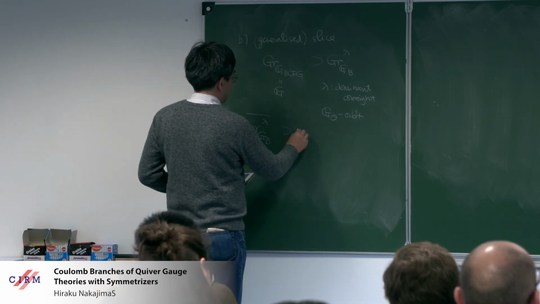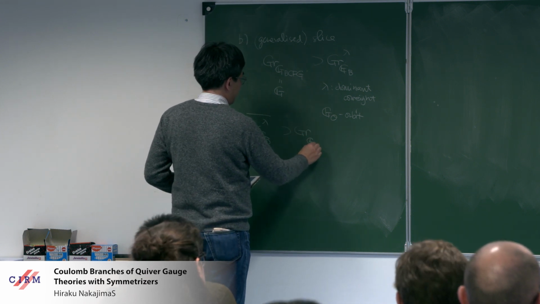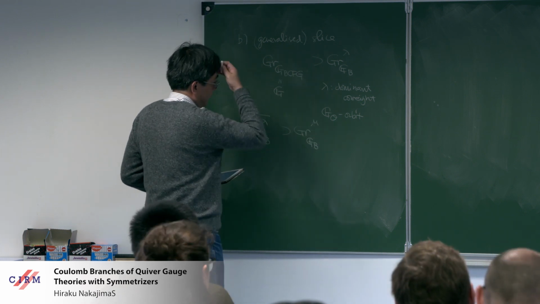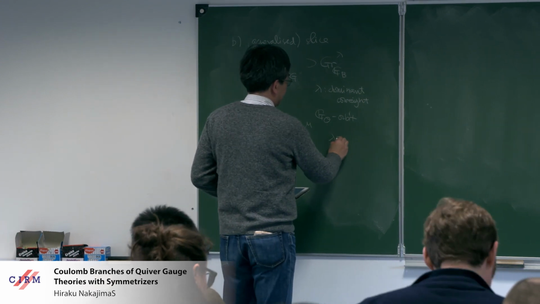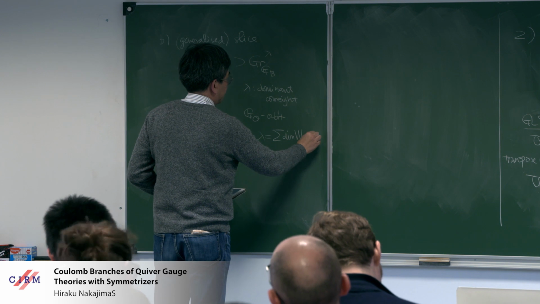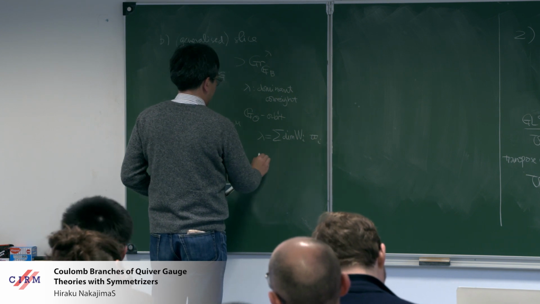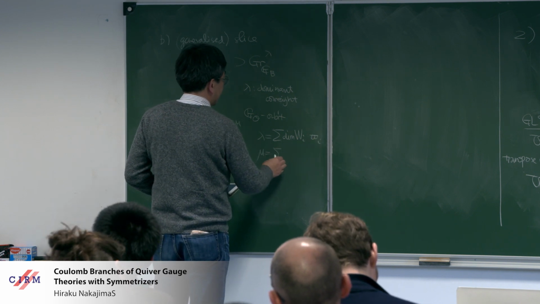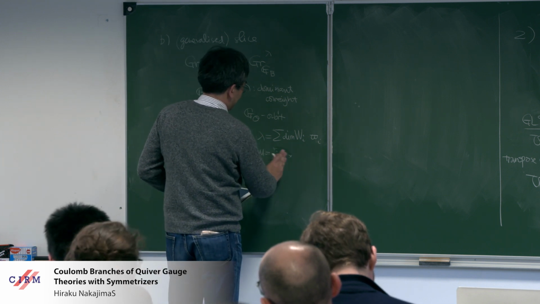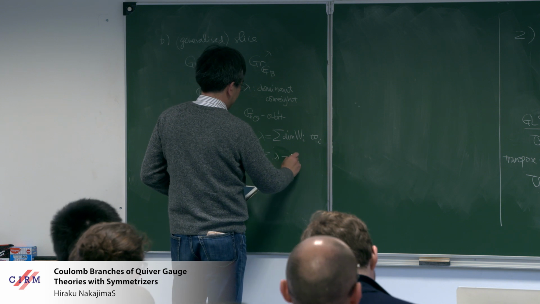It contains smaller orbits, and the slice is the slice to this orbit. Lambda and mu are related by the usual formula, the sum of a_i times omega_i. In this case, I think we don't need to impose the diagram automorphism, which is trivial in this particular case.